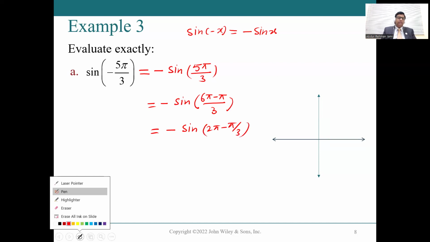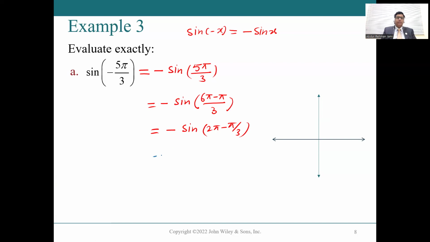So now we shall simplify it. This minus stays as it is. Okay. And this one, sine is written with the reference angle. So this is sine of pi over 3. This minus is there, the first one. Okay. Now, angle is 2 pi minus pi over 3 in this quadrant.